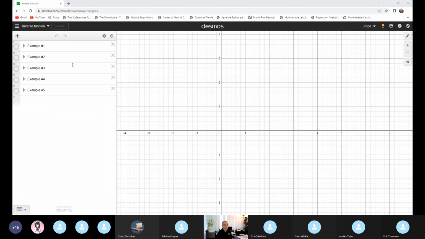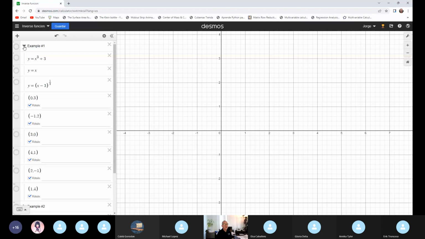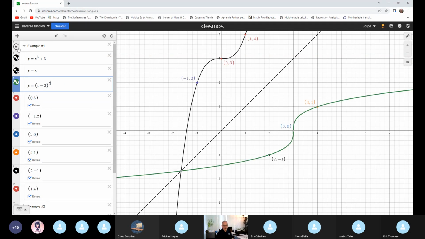Yes. Okay, just look at example 1. It was y equal x cubed plus 3. I copy the identity function. I copy the cubic root. In this case, I use a fraction exponent, which is equivalent, but the problem is that in decimal we have no cubic root.